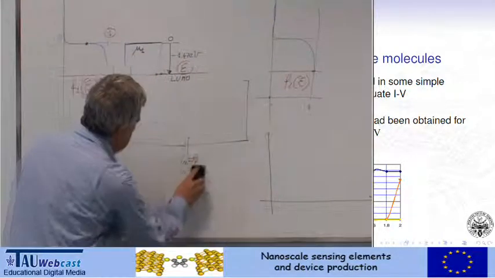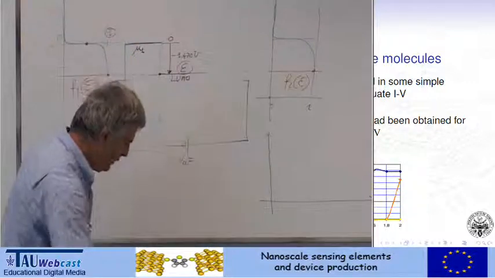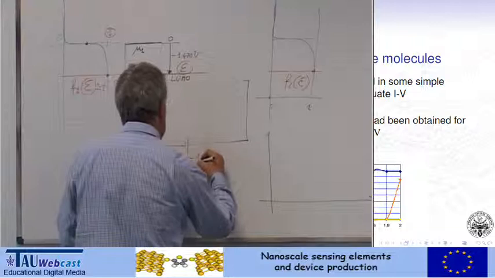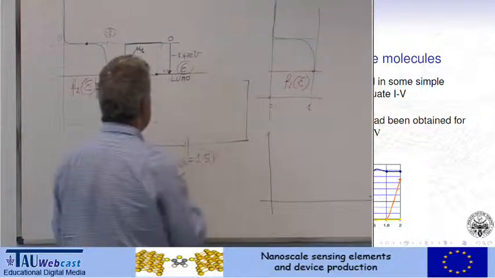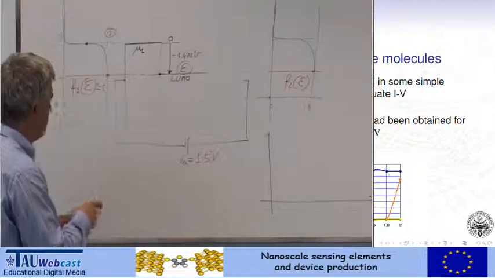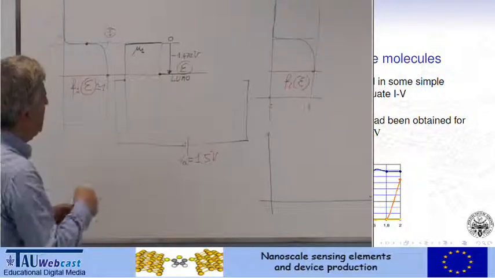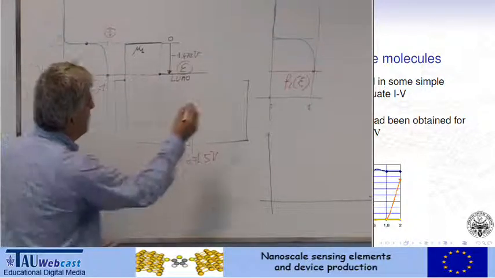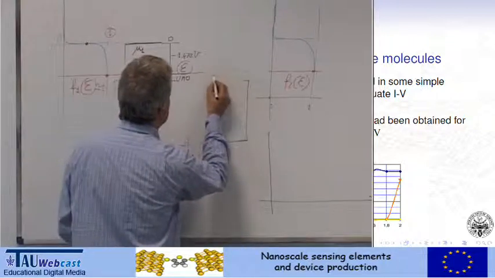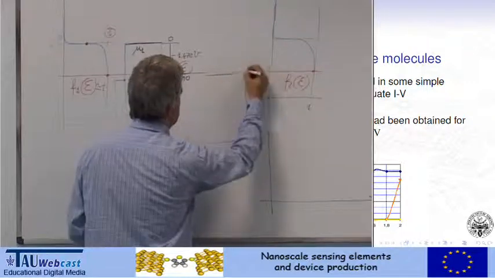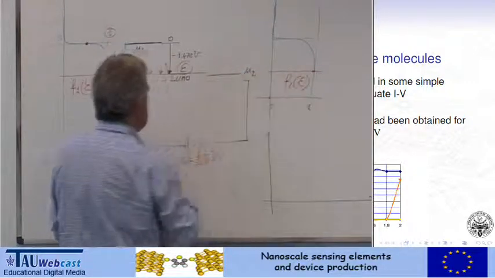So now the voltage should be approximately 1.5 volts, for instance. What we said is the Fermi level of the right electrode will be here, just below μ2.